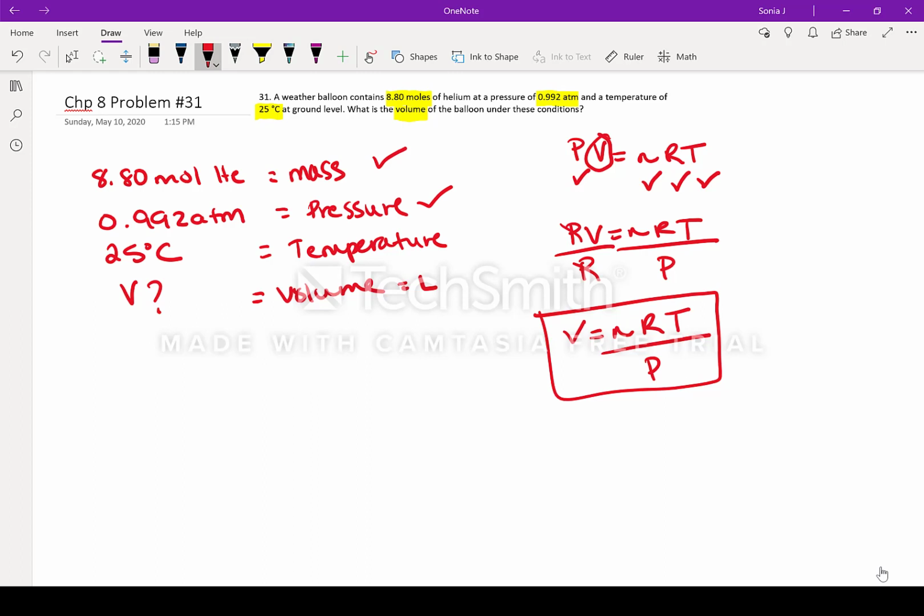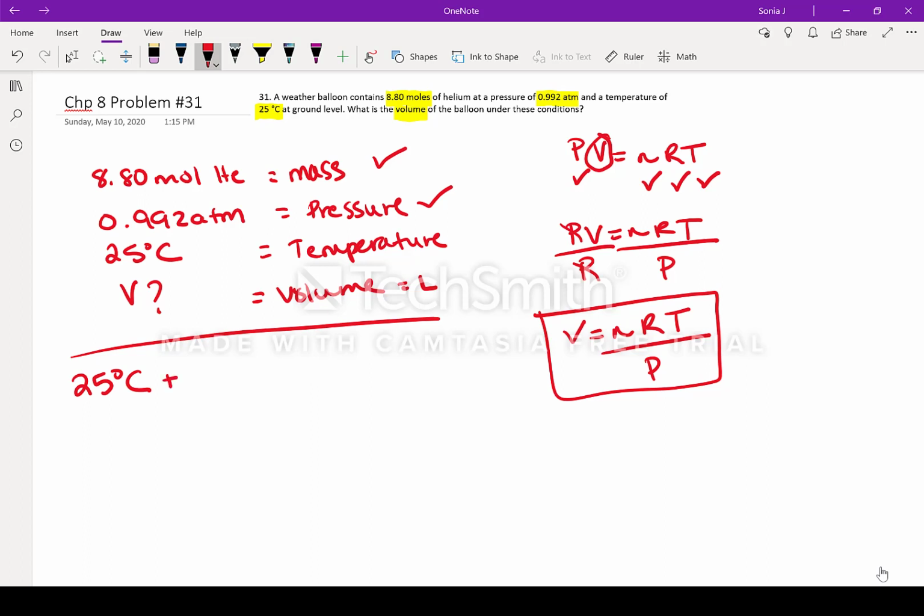The next one is 25 degrees Celsius, which is our temperature, and that would go right here, but it is in Celsius, and for this specific formula, they want the temperature to be in Kelvin, so we've got to convert that. That one's not good. So let's go over here and write 25 degrees Celsius. This formula wants our temperature to be in Kelvin.